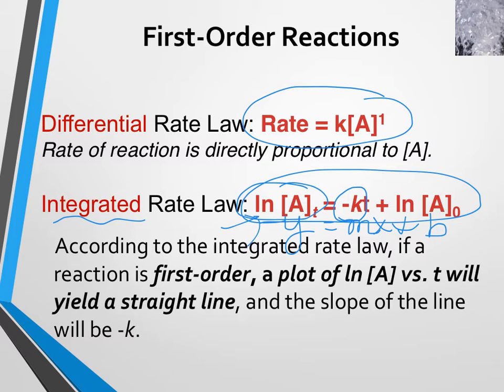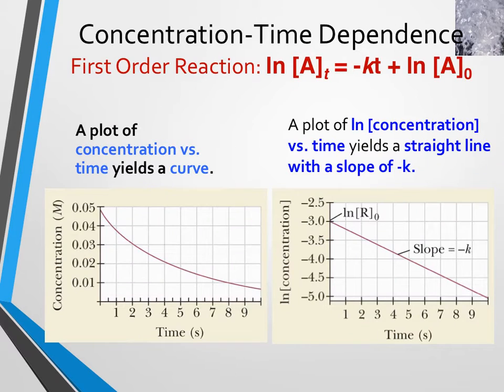All right, so again, all of these integrated rate laws are put in the form that allows you to get a straight line from them. And so this is the form of first order that allows you to draw a straight line. All right, so let's look at the graphs.